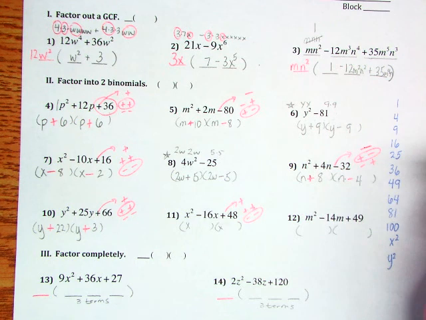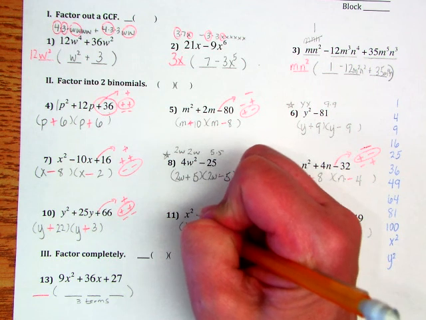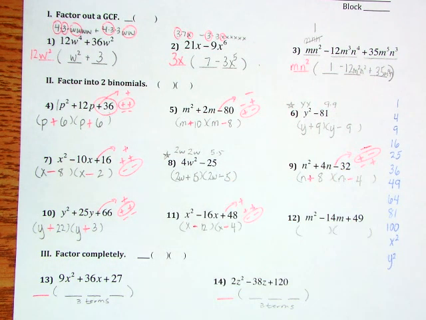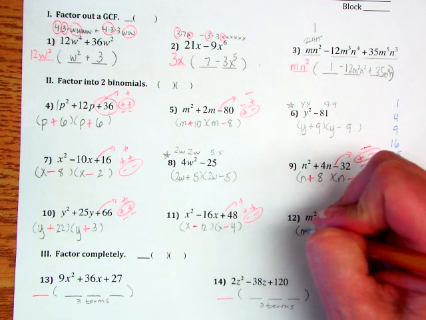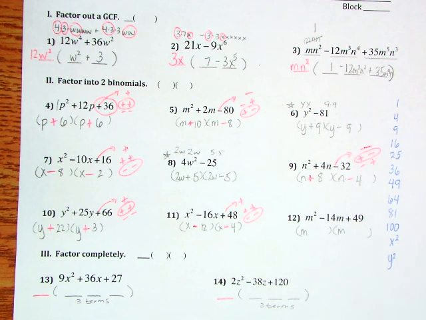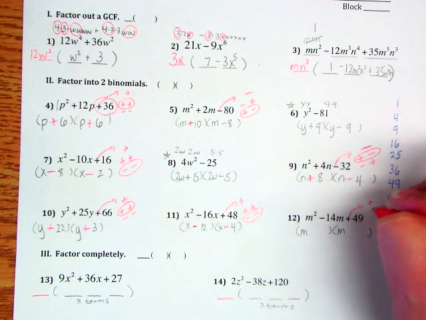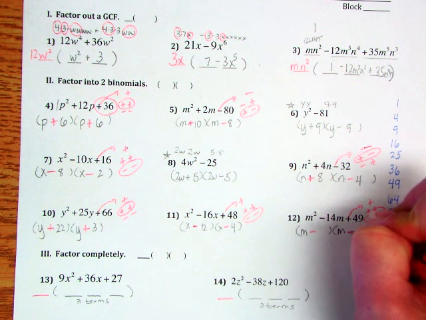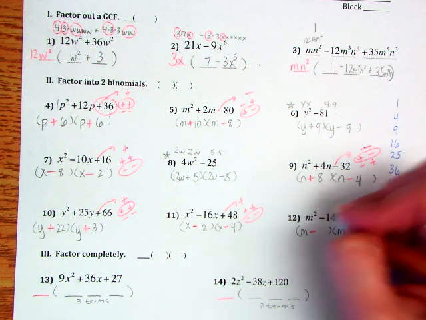Minus because of the negative here. And 4. And the last one, m, n. 7 and 7.